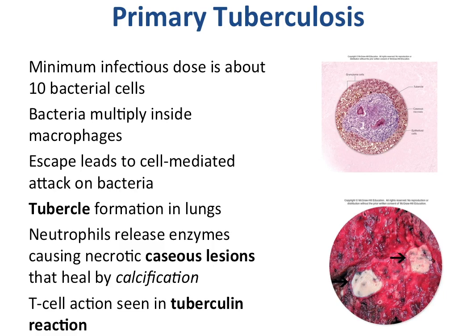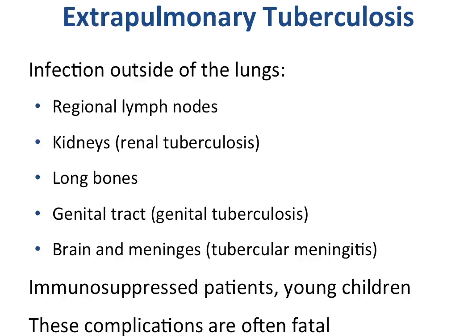So this is the neutrophil. That's the agglutination of neutrophils and T cells. For the T cells, we can use the tuberculin reaction to see the T cell reaction.